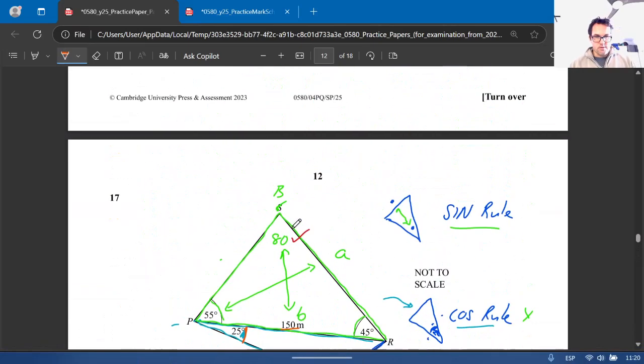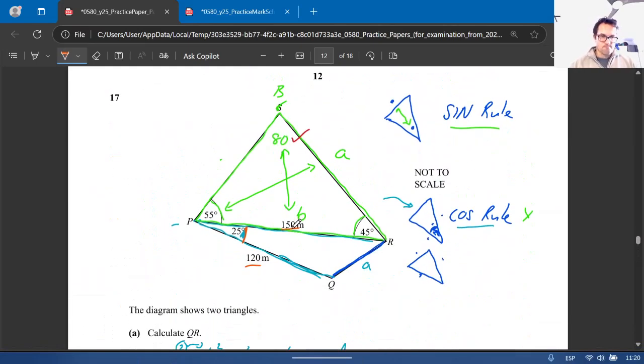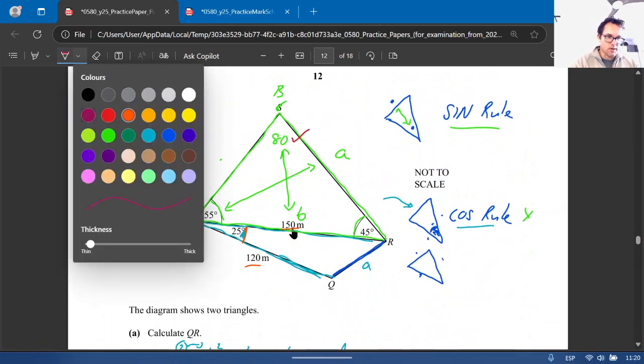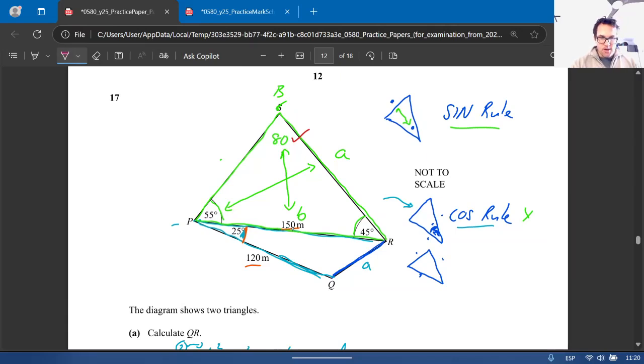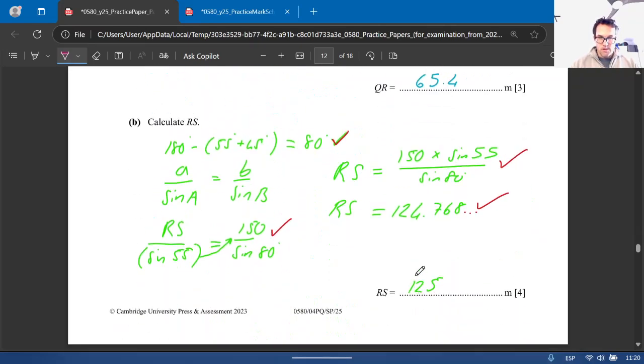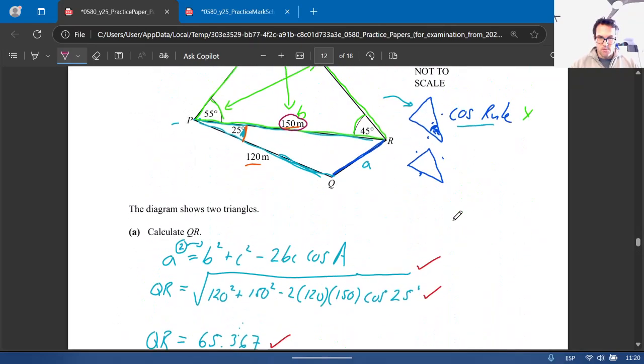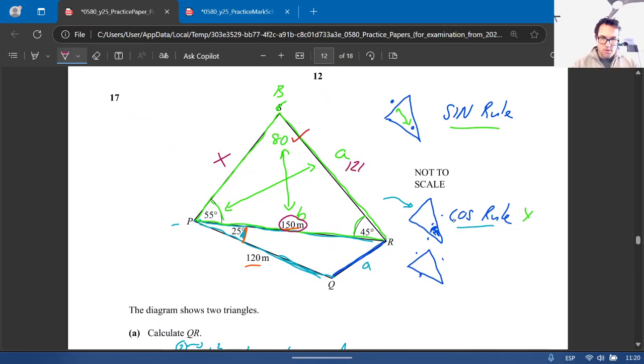Let's look at the other triangle. For this triangle here, we have an angle here. We don't have this side, but we have this side, and we just worked out that one over there, which we got as 124.768. I'm going to be very accurate. So here we have two sides and the included angle. This is triangle PRS.